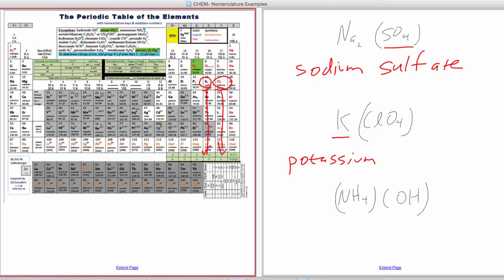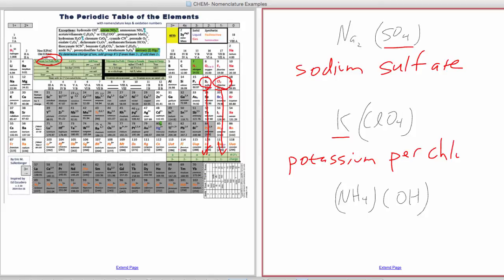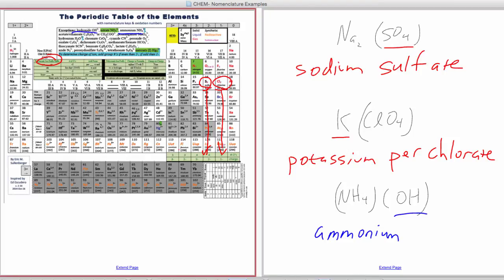ClO4. Cl normally has 3 on it, so it's got 1 more than it normally has, so that's perchlorate. And the last one here, NH4 is one of the exceptions. It's ammonium. And OH is another exception. It's hydroxide.